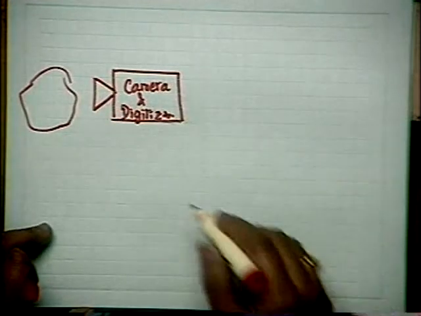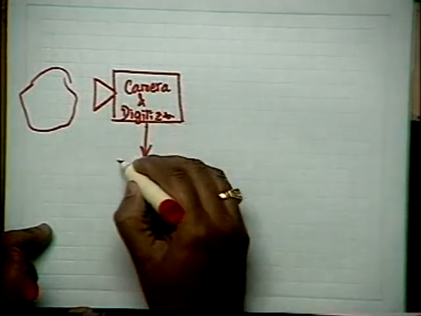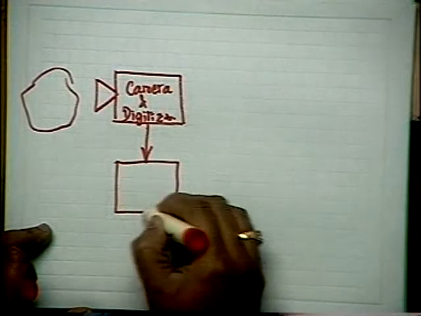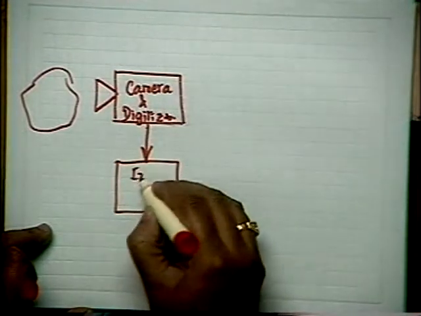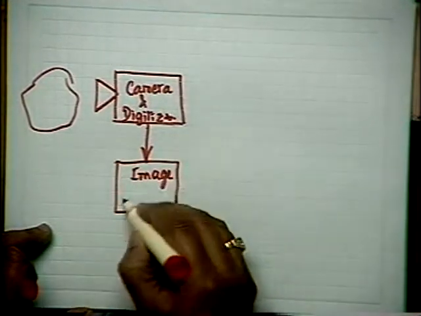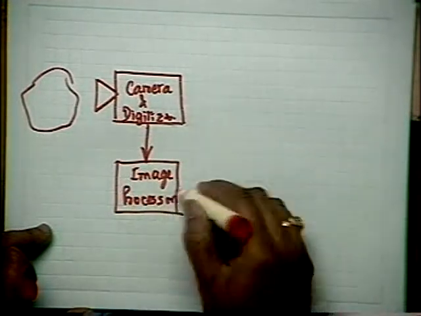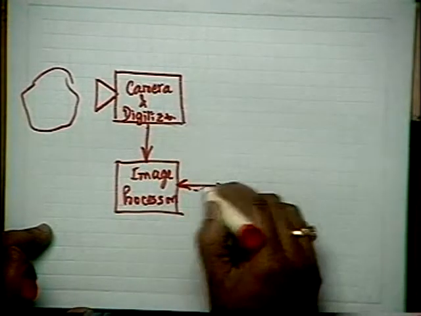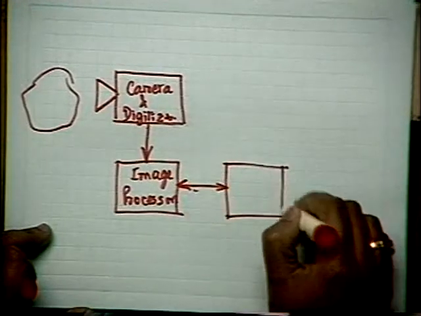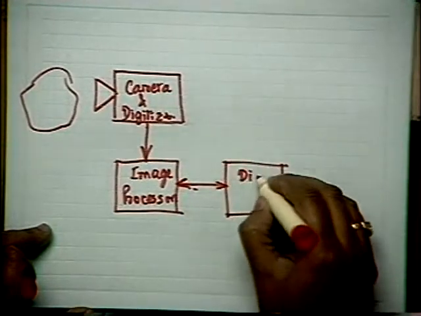From the camera and the digitizer, the image will be taken to an image processor, and then the image processor will be linked to a digital computer.